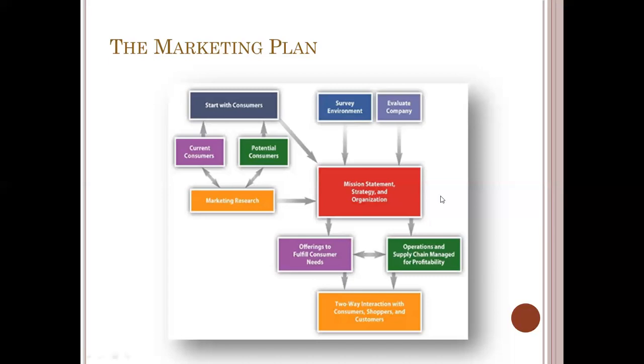Once all this data or information is gathered and digested, the planners can then work to create the right offerings to fulfill consumer needs. Then decisions have to be made as to when to alter the offerings, add new ones, or drop old ones.